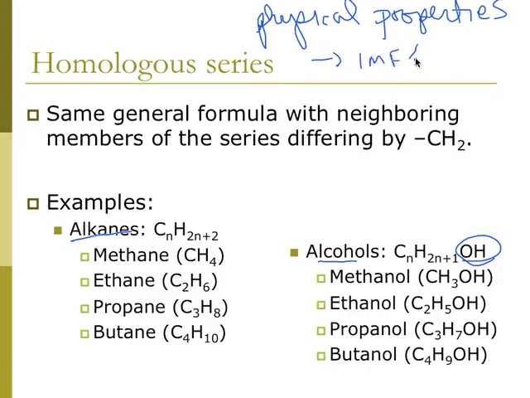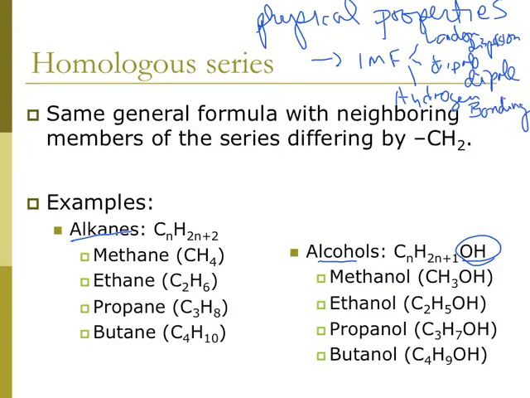Remember, there are 3 of them: London dispersion, dipole, and hydrogen bonding. And we'll talk about these. If you don't remember those 3, or don't remember the differences between those three, please pause this screencast, go back and look at your notes, go back and look at prior screencasts, particularly in the bonding unit.